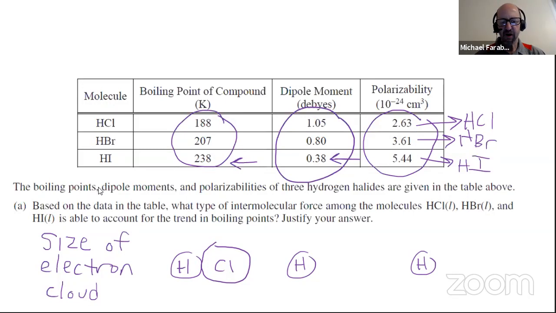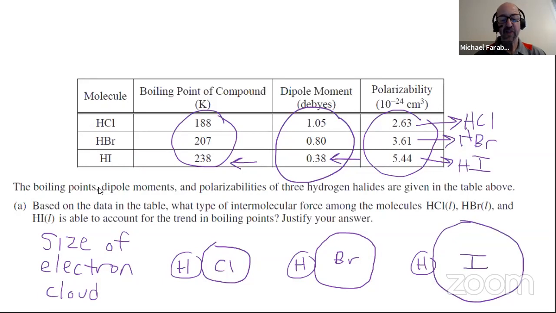So HBr is more polarizable, and we know this from periodic trends, bromine has a larger electron cloud. And iodine is even more polarizable, it also has a larger electron cloud. That's what you have to talk about if you're going to justify or account for the trend in boiling points.